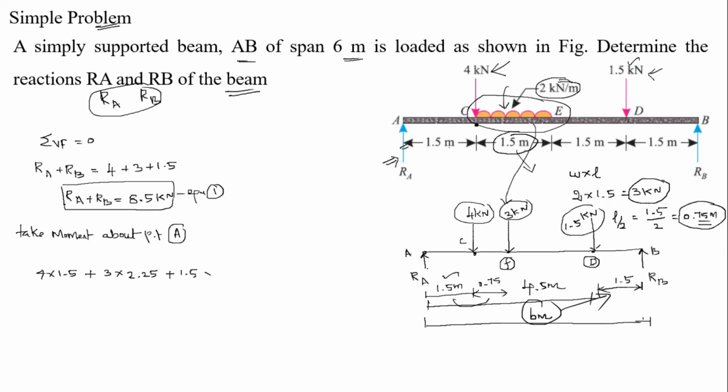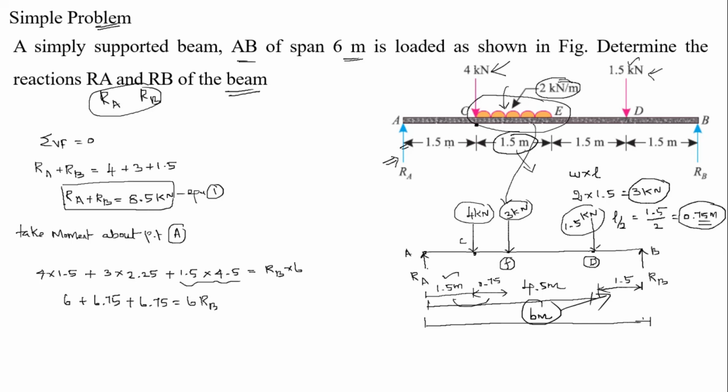So 1.5 into 4.5 is equal to RB into 6 meter, right? So 4 into 1.5, which is equal to 6, plus 3 into 2.25, which is equal to 6.75, plus 1.5 into 4.5, which is equal to 6.75, which is equal to 6 RB, right?